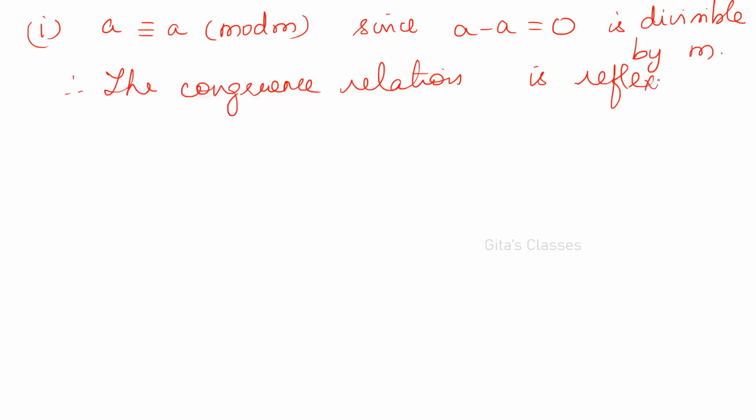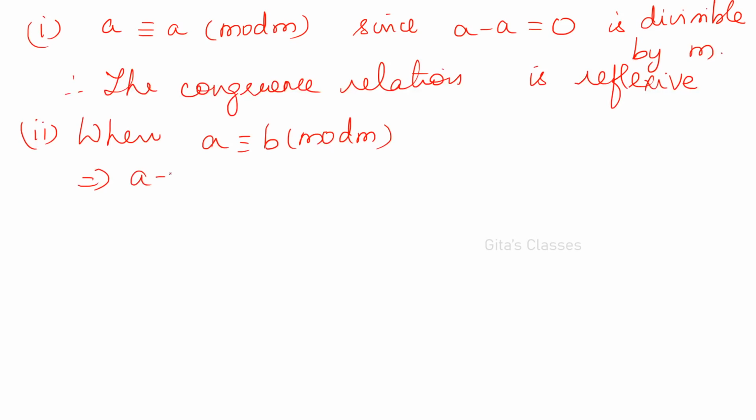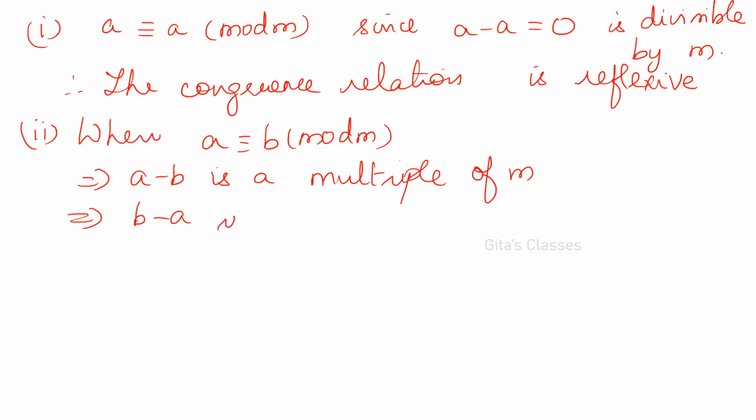I am literally writing, because let us check how much time it is going to take. Okay, so the second one. When A is congruent to B mod m, what do you mean by this? A minus B is a multiple of m, right? If A minus B is a multiple of m, can you say that B minus A is a multiple of m?